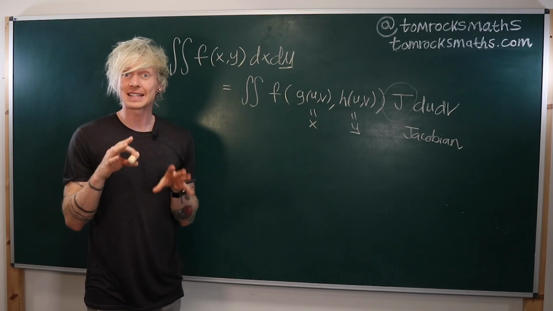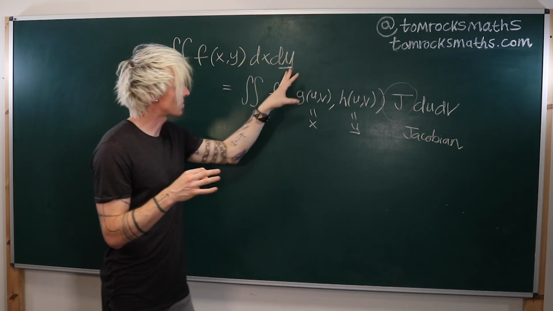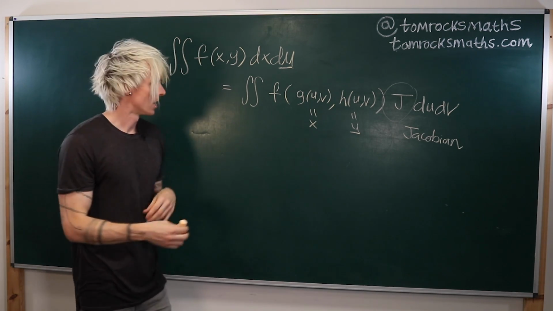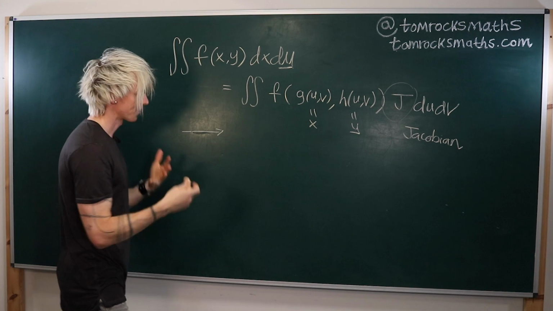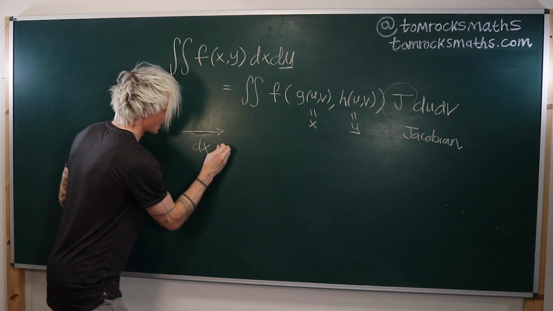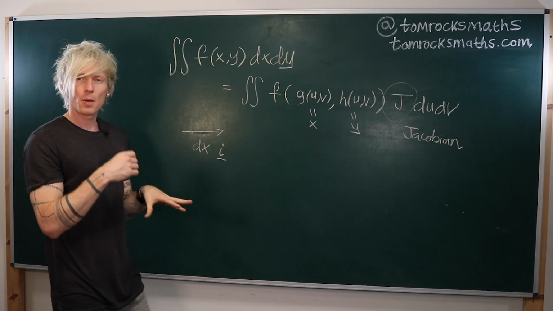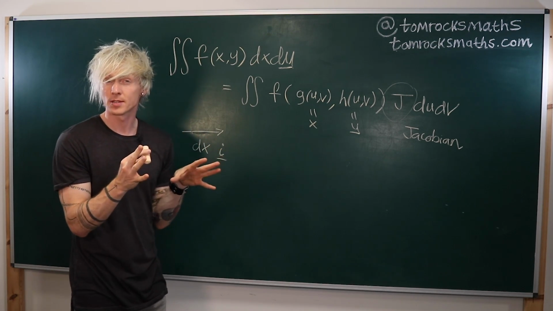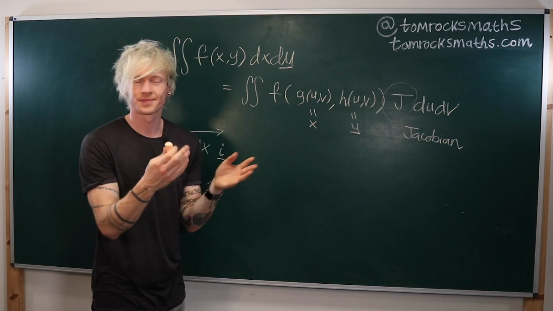To calculate the vectors a and b, we actually have to use the relationship between our two coordinate systems. So we start off with a horizontal line of length dx, so we can say that that's dx in the i direction. Now, when we then change to the u and v coordinates, this of course will be shifted, this will change.